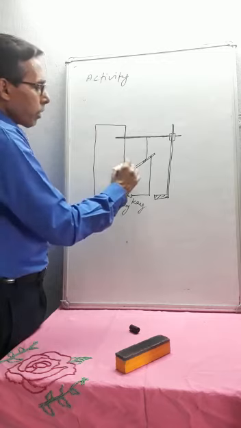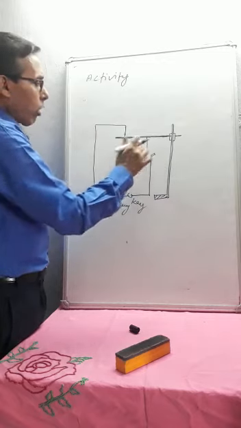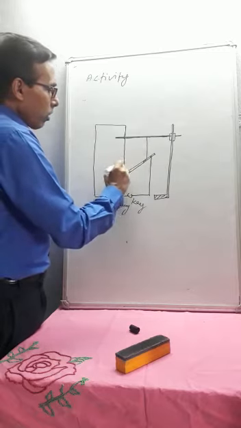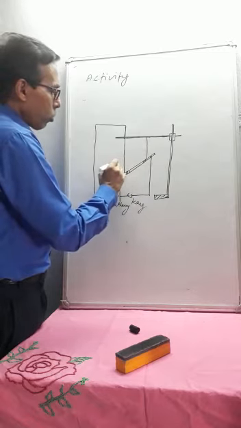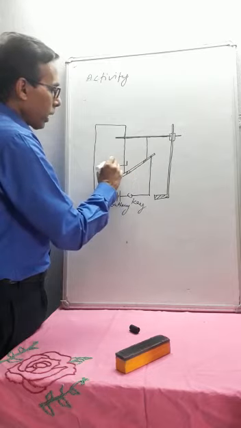Now we place this aluminium rod within the two poles of a horseshoe magnet.